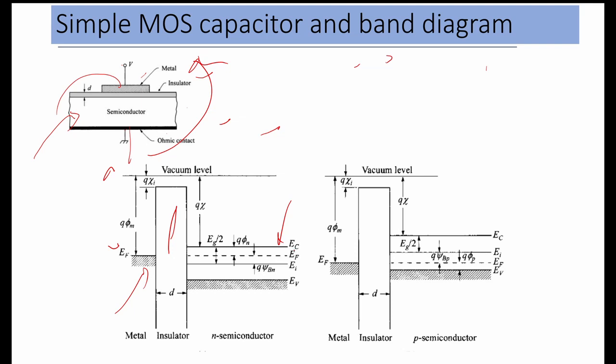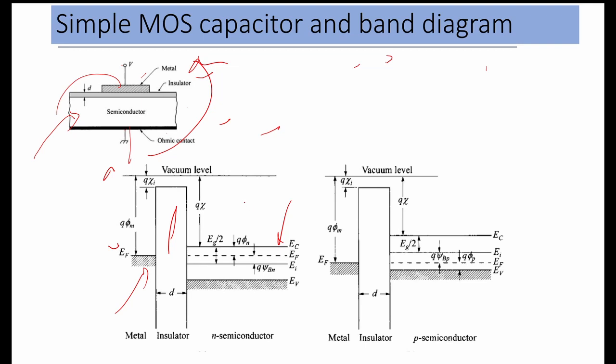The gap between the Fermi level and the conduction band is smaller than the gap between the Fermi level and the valence band. In other words, the Fermi level is in the upper half of the band gap.